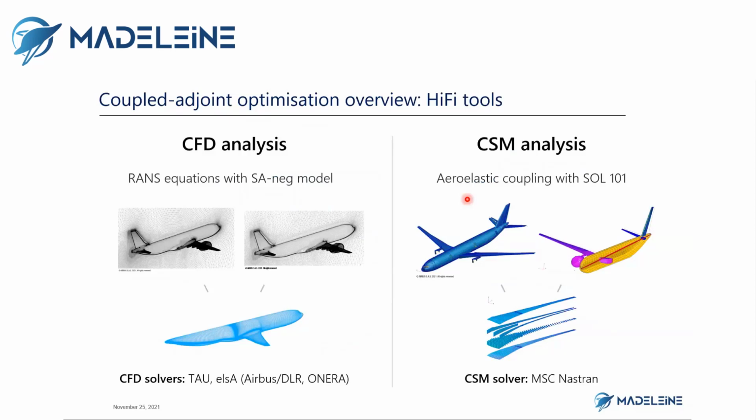On Airbus and DLR side, we relied on the TAU CFD solver from DLR, whereas on Onera side, they rely on their own solver called elsA to compute flow analysis. Regarding CSM analysis, we all use MSC Nastran, both to compute linear static aeroelastic couplings with SOL 101, and also to compute load cases for partners who tackle the aerostructural optimization.